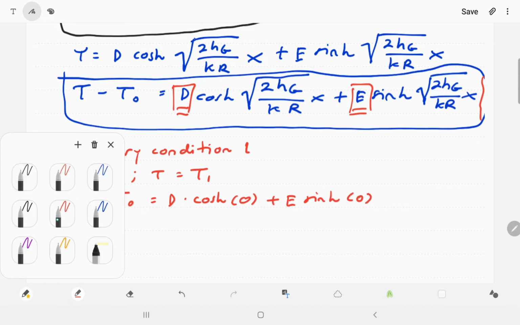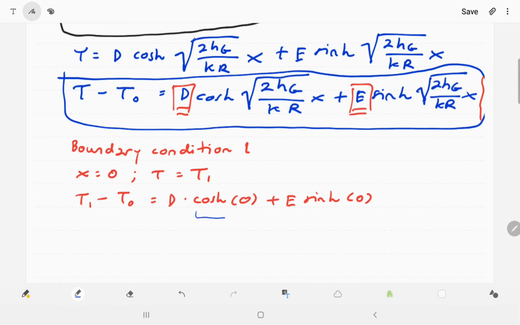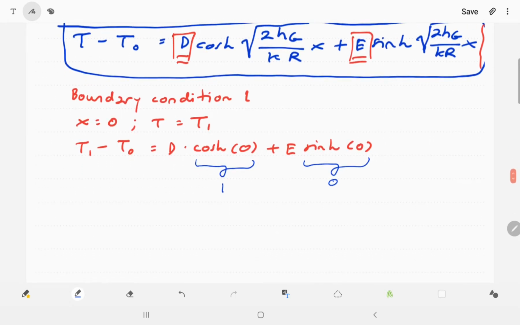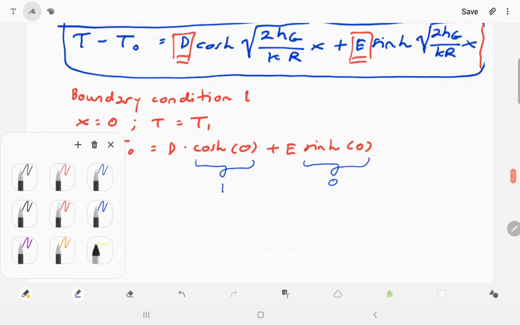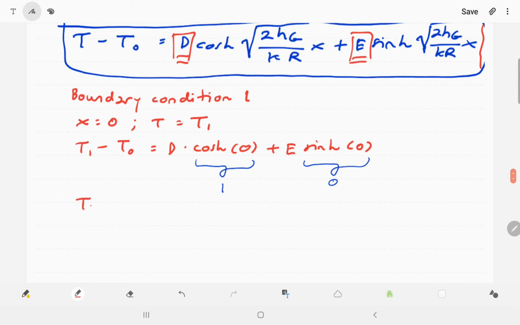Now we know that cosh of 0 is equal to 1, and sinh of 0 is equal to 0. So then we can simplify further: T1 minus T naught will be equal to D. So essentially D is equal to T1 minus T naught.